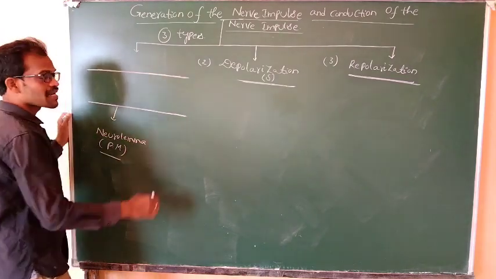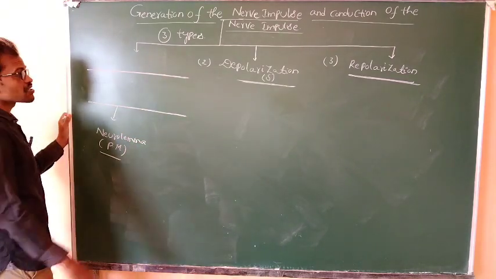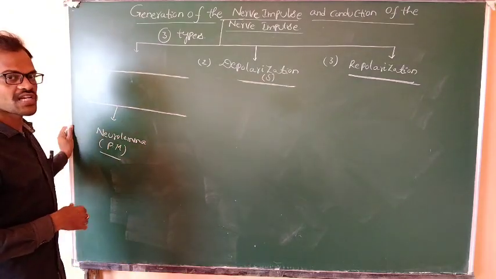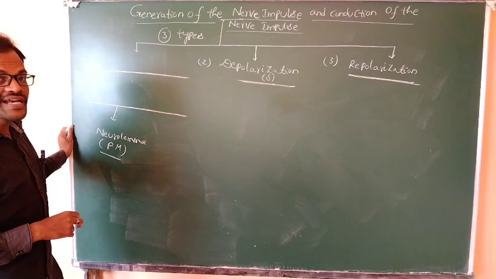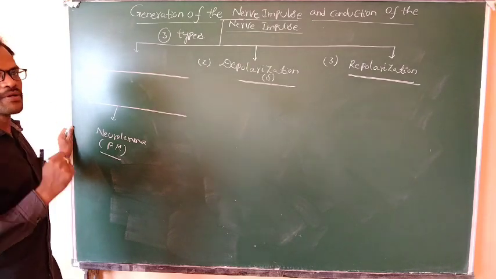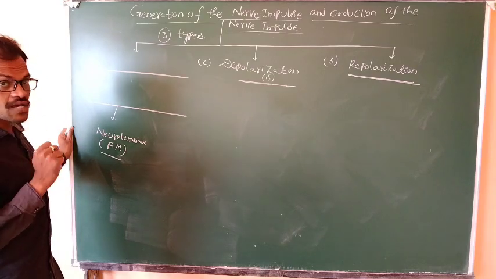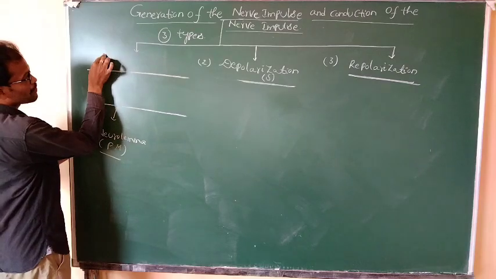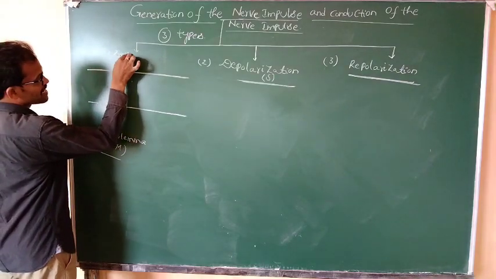This plasma membrane consists of different types of ion channels, which are selective and permit only certain molecules.